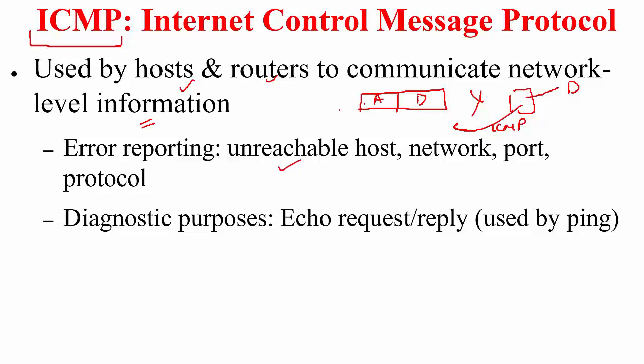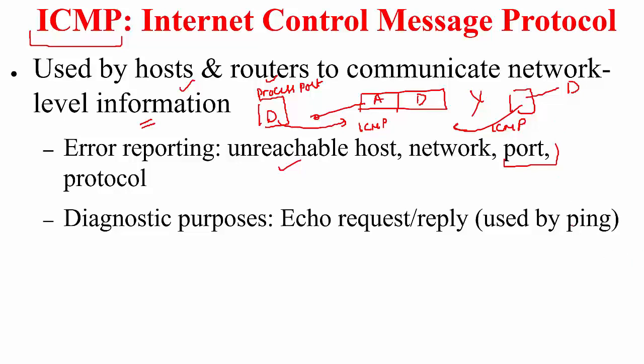Or maybe this packet reached all the way to D and there is no process running on a given port, in which case D itself will send back an ICMP error message saying port unreachable. So this is what ICMP's role is.